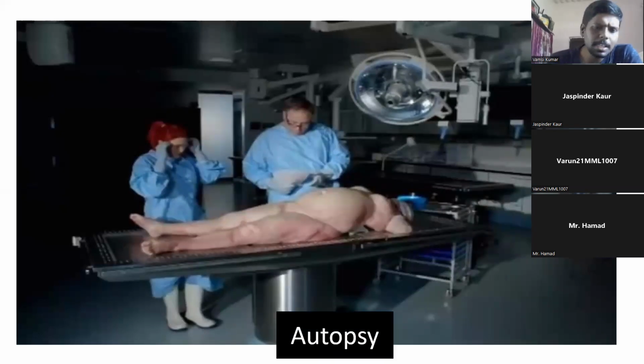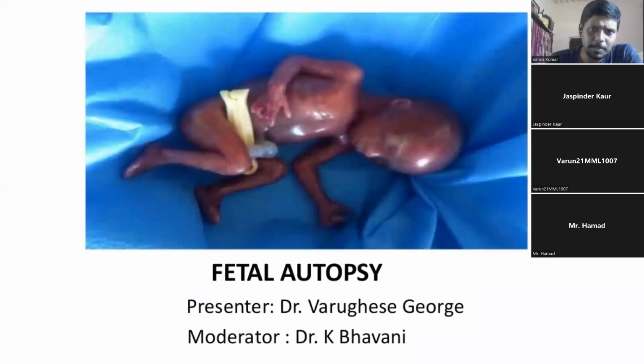If you are taking biopsies from a fetus, then that can be called a fetal autopsy. The idea of fetal autopsy is that we are trying to figure out the reason for the fetal death. If the fetus died immediately after birth, then we will investigate the cause of the fetal death.